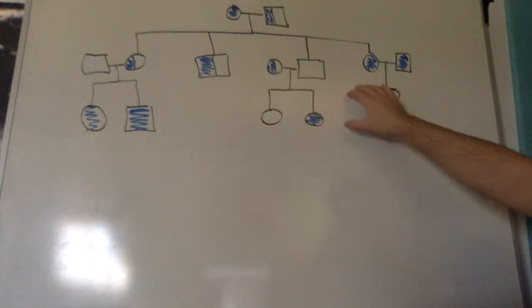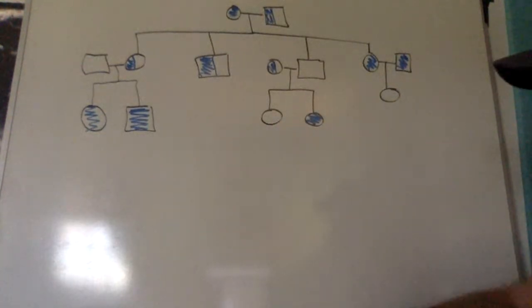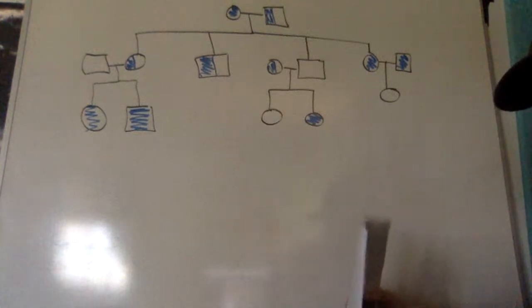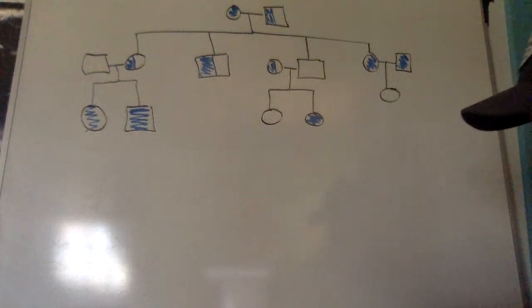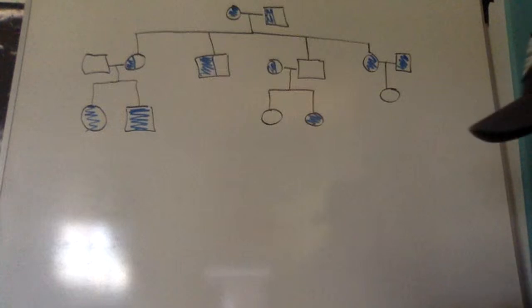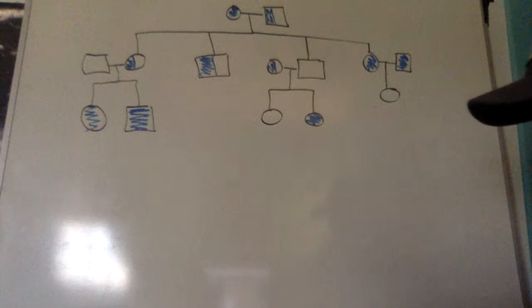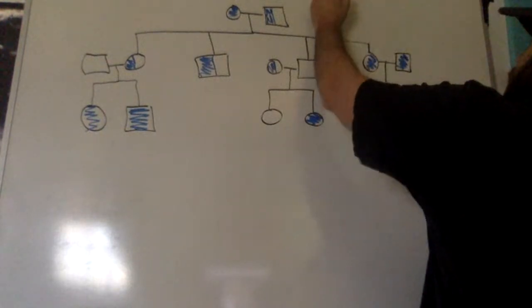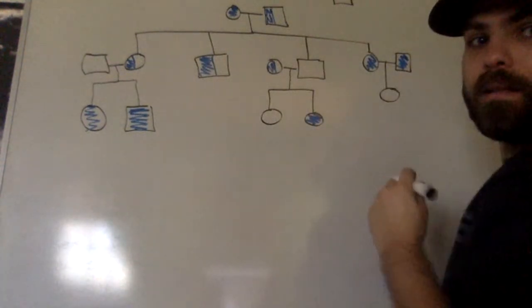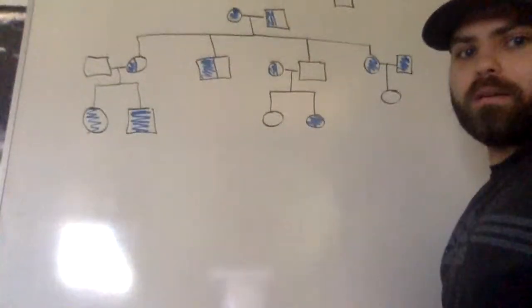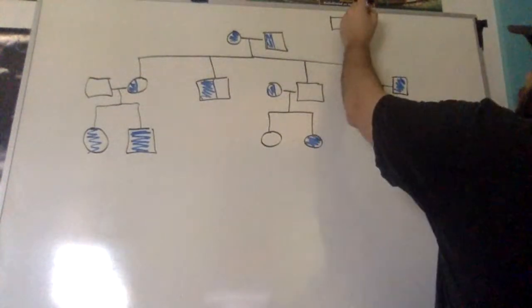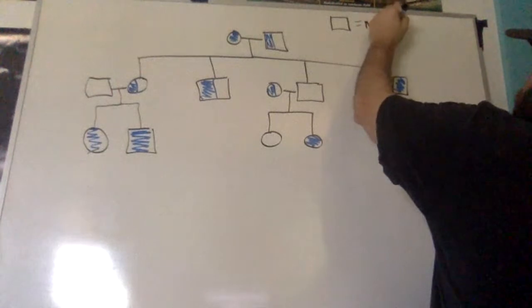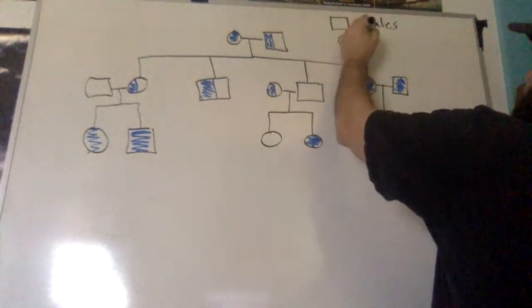All right, so what we're going to do now, we're going to go through questions 23 to 32. How many males are affected? So we have to look at our key. Our key on our page says that affected is fully shaded in. Males are squares, and circles are females.